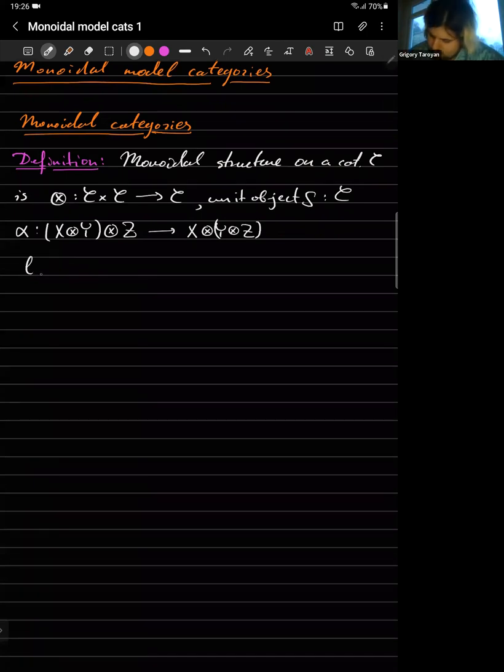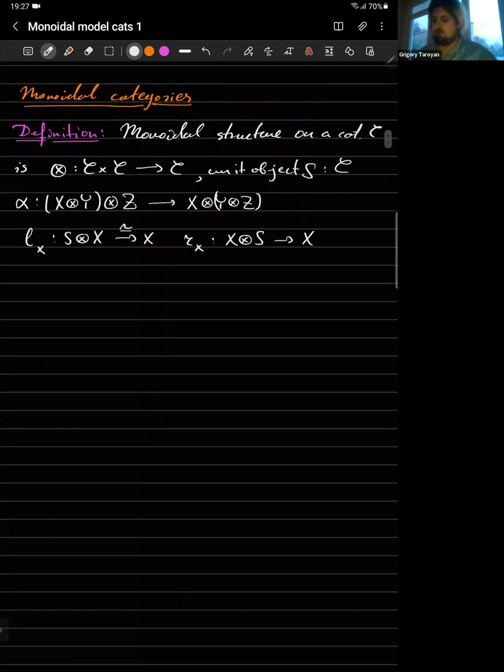So left for an object X is the following isomorphism, and right is clearly an isomorphism, but from other side.